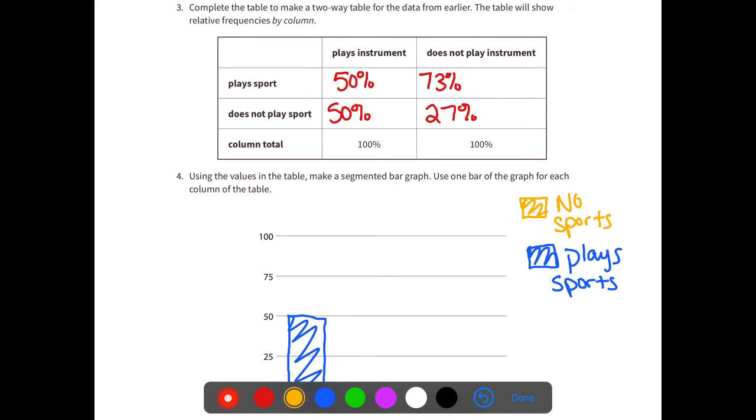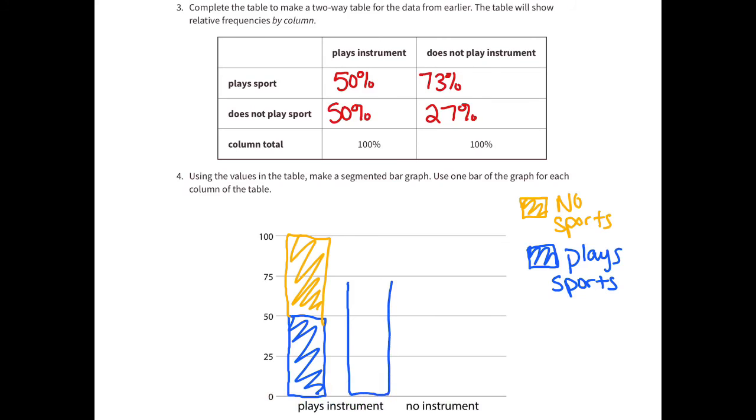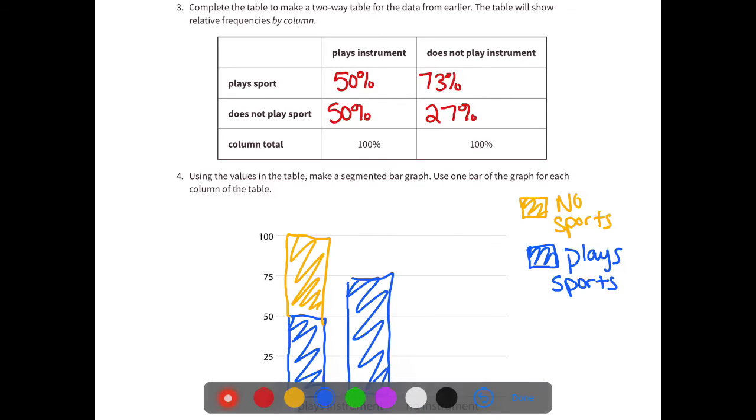And then for no, we will go up to 100 since that's another 50 and mark that in. And then for the play sports and not an instrument, it's about 73%, so just a little below 75. And then the rest of it is the 27%, so we'll go the rest of the way to 100 and fill that in. And that is how you make a segmented bar graph based off of your information.